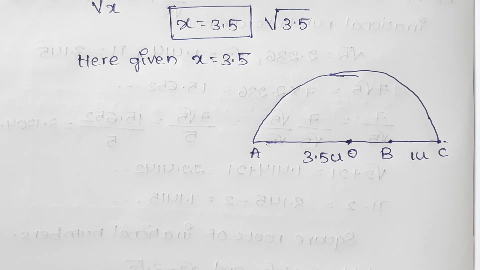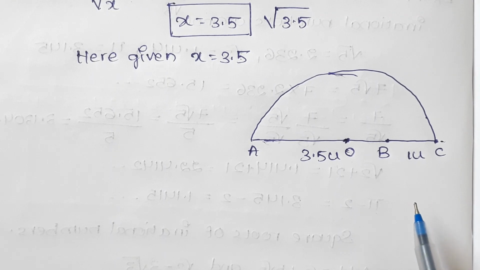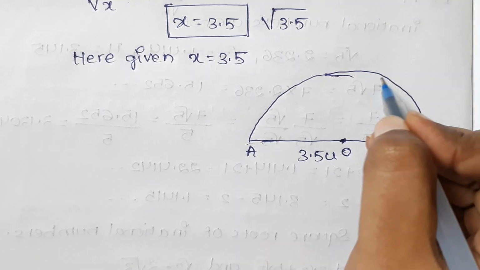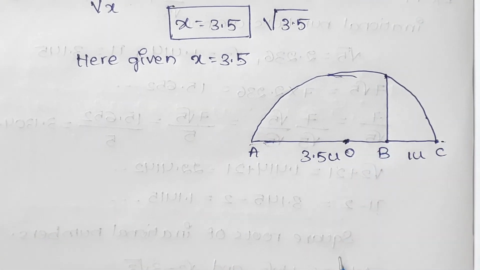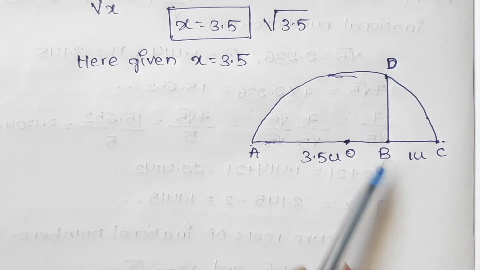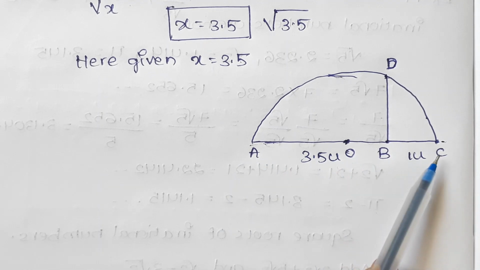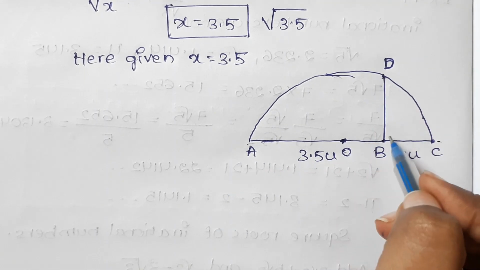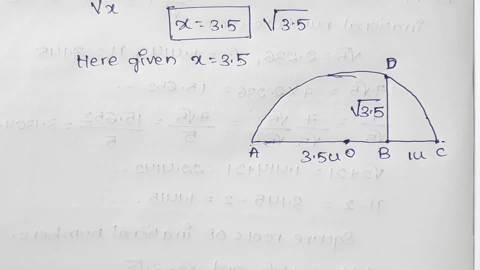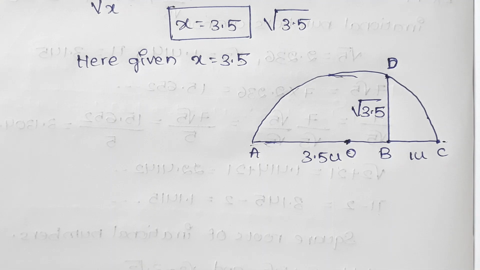And now we should draw a perpendicular line to AC, along point B, and here BD is the perpendicular line to AC, and this BD represents root 3.5. Similarly, for any positive real number we can find the square root in this process.